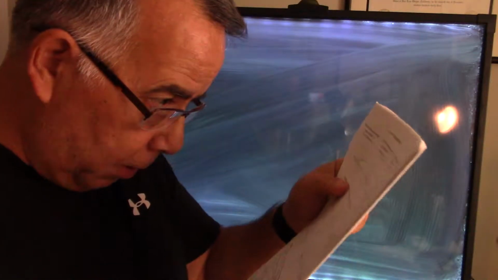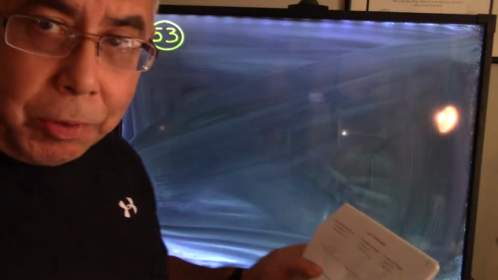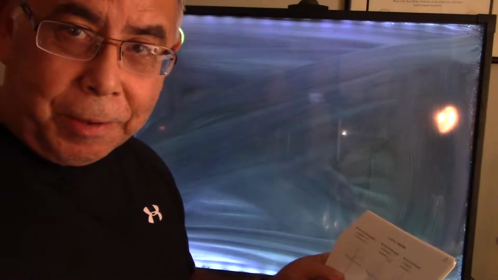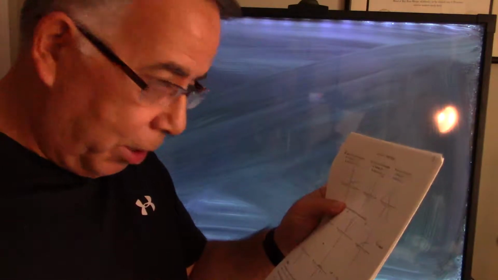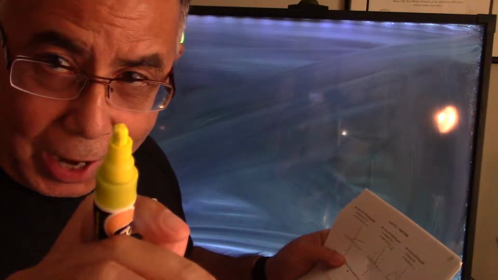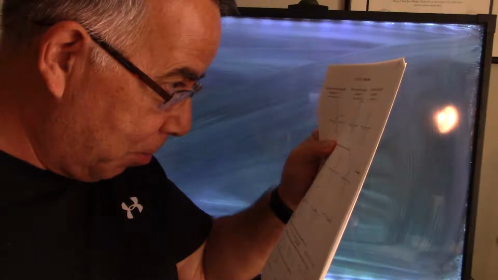Number 53. These require some precision, which I can't really reproduce on this board here. It's a little bit clumsy using these things. The tip is so wide that the width of the tip exceeds the precision I need.